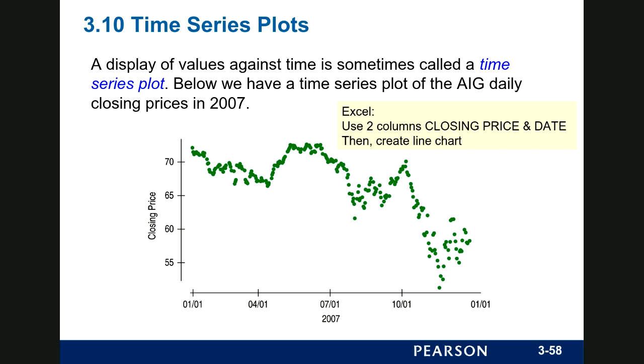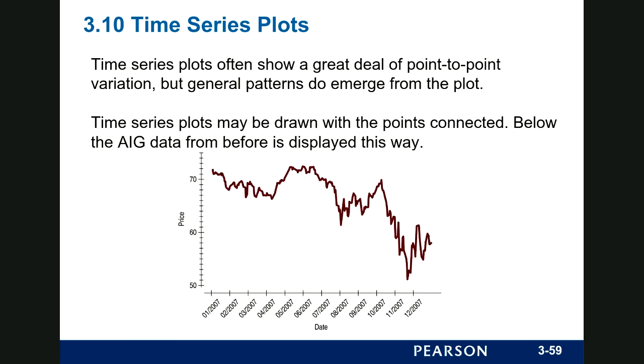So if you're given two sets of data, one is closing prices, one is dates on a spreadsheet, and you're asked to create a time series plot, you're basically creating a line chart. Now, if I connect the dots to this time series plot, I get something like this, which is giving me a little bit more shape and meaning, but not really.